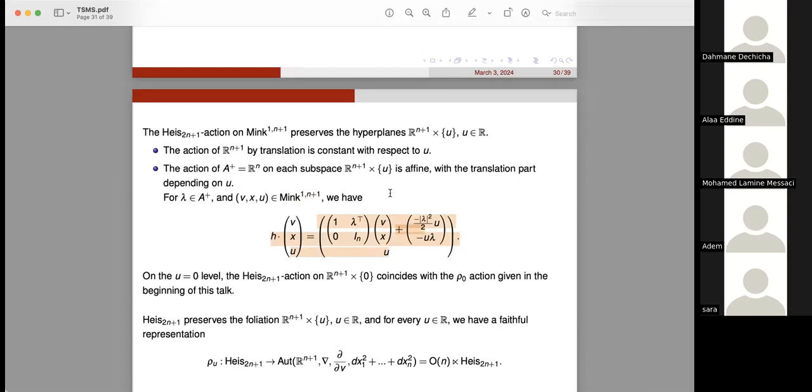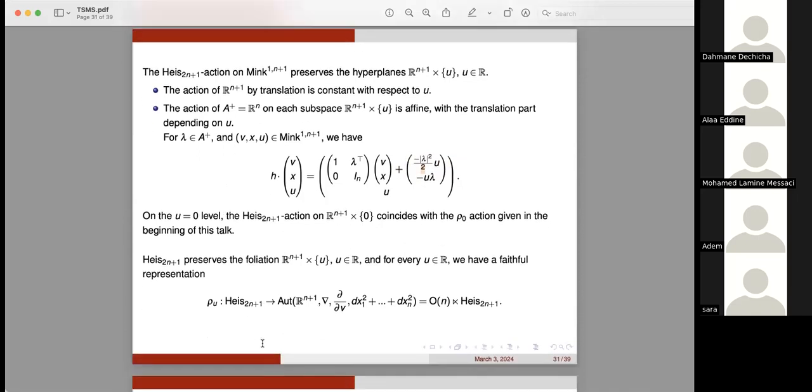And on the affine hyperplane (V, x), it acts by this affine transformation, which depends on U. Remember that when U equals 0, this action is exactly what we call the usual action of Heisenberg on R^{n+1}. So on the other levels, when U is not 0, this action is deformed by a translation vector.